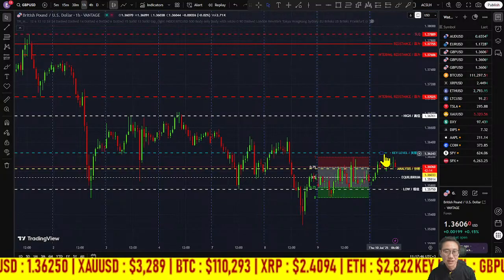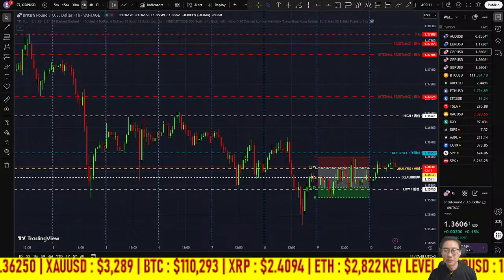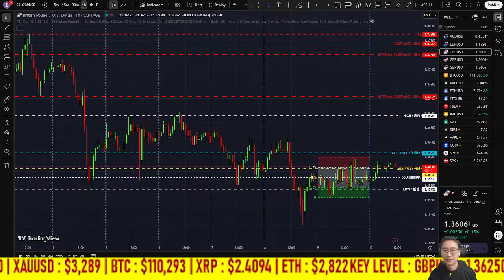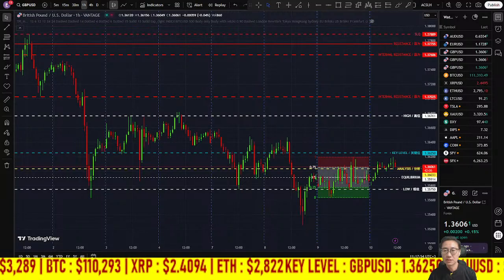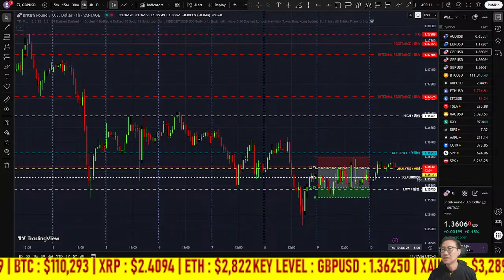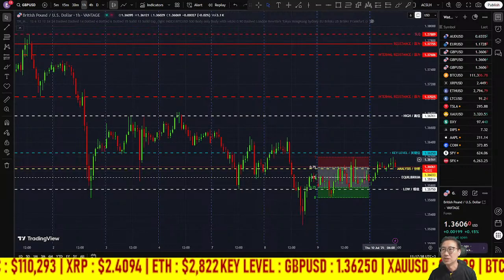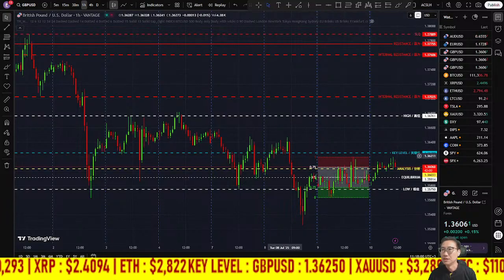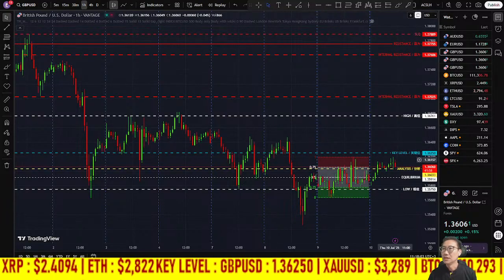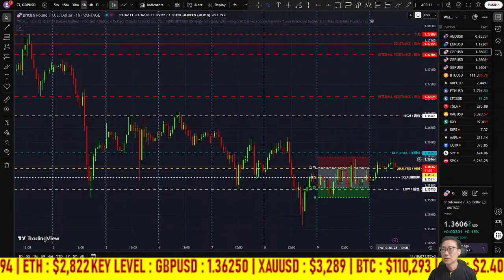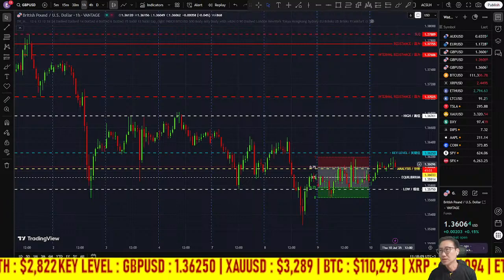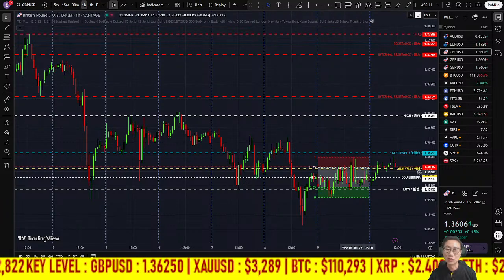At this point, likely to see some selling off since it has been rejected from the imbalances here. At the moment I still see some buying is still possible to test out 136.250.